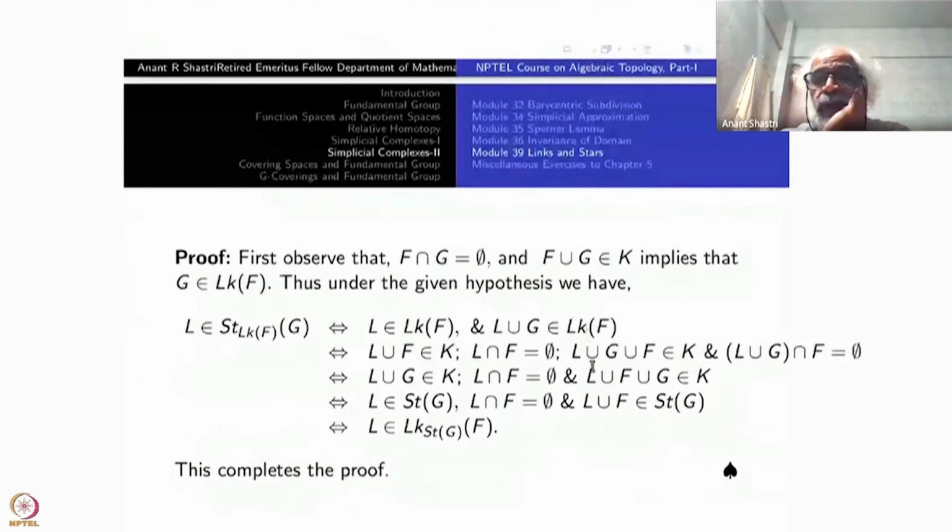L union G union F must be inside K, and L union G must also be inside K.